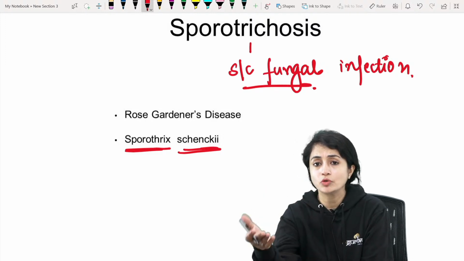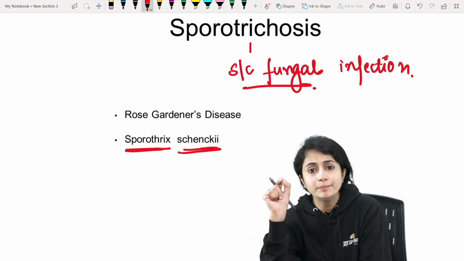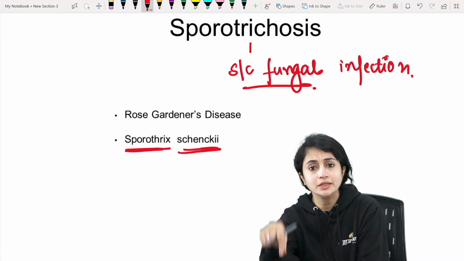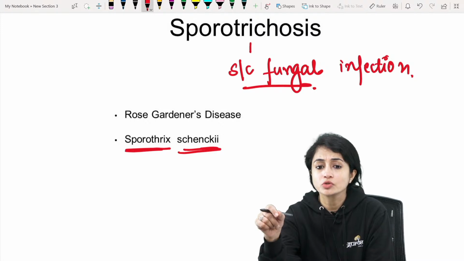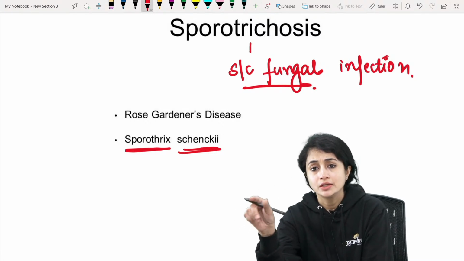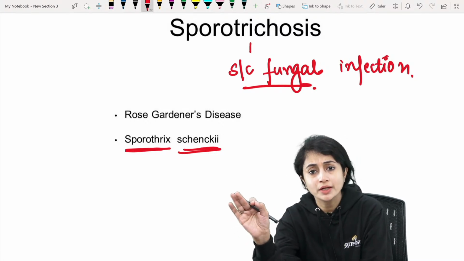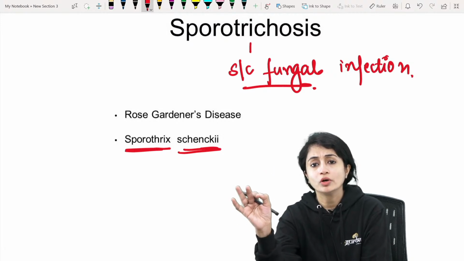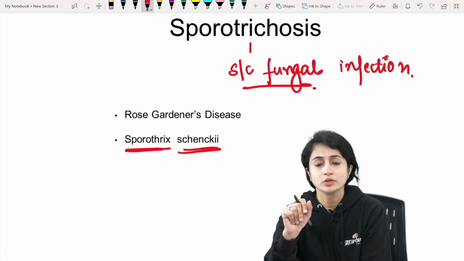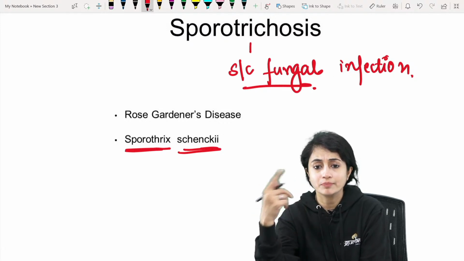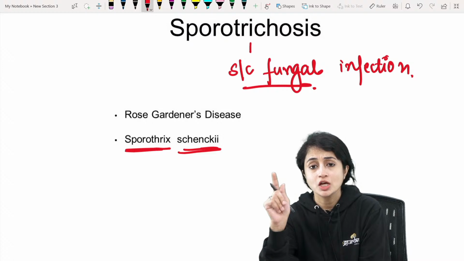If there is some amount of trauma, there will be implantation of fungus deep into the skin. So a farmer or a person who's working in gardens, there would be some thorns. He gets pricked by the thorn, the fungus gets implanted into the subcutaneous tissue. And that is how you develop these subcutaneous fungal infections.